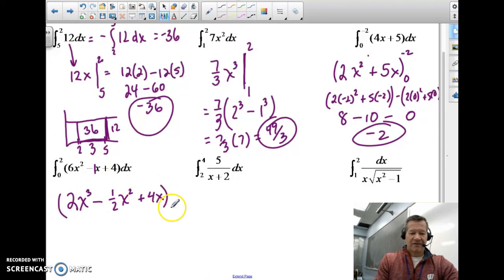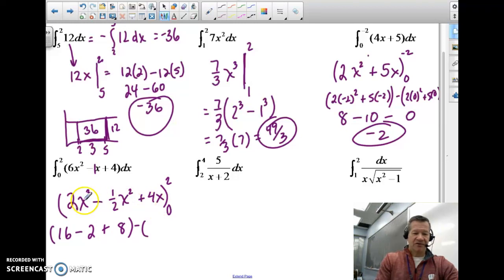Evaluate that from 0 to 2. So I plug in 2. 2 to the third is 8. 8 times 2 is 16. Minus 2 squared is 4. Half of 4 is 2. Plus 4 times 2 is 8. Minus 0 minus 0 plus 0. This whole thing is going to be 0. So that would give us 22.